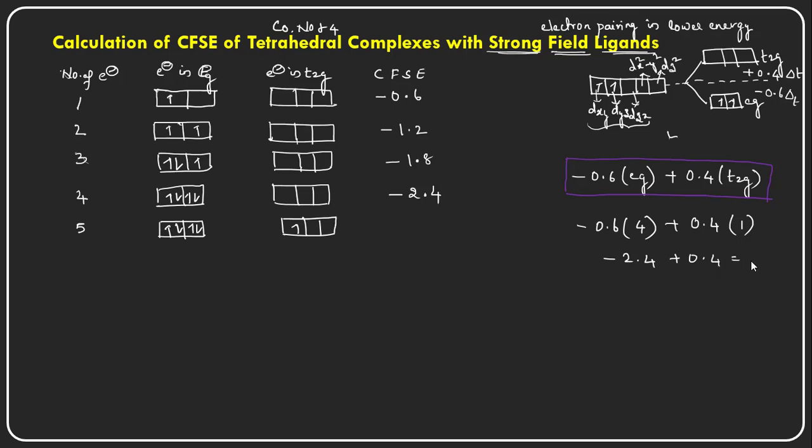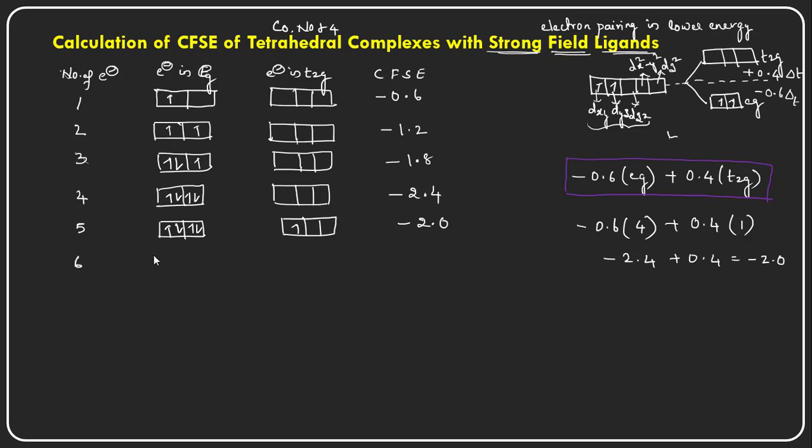How much will it give? Minus 2.0. That means as the number of electrons in the T2g orbitals increases, the crystal field stabilization energy value decreases.